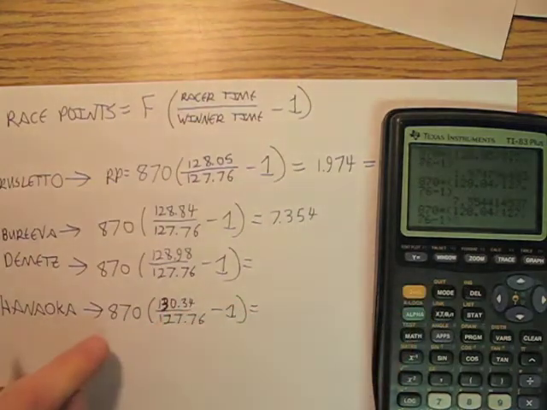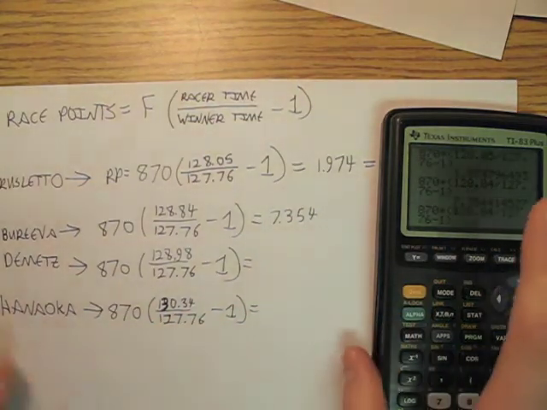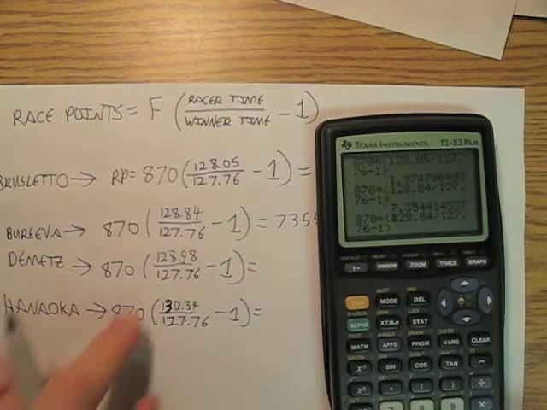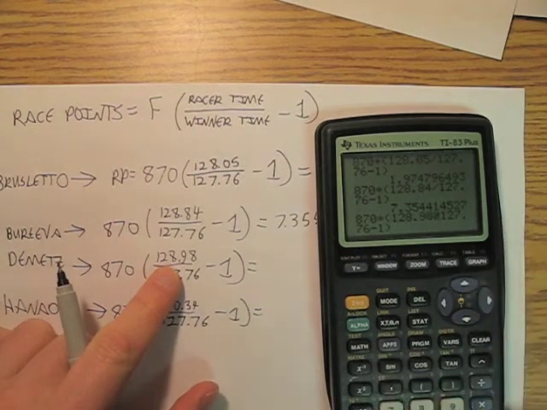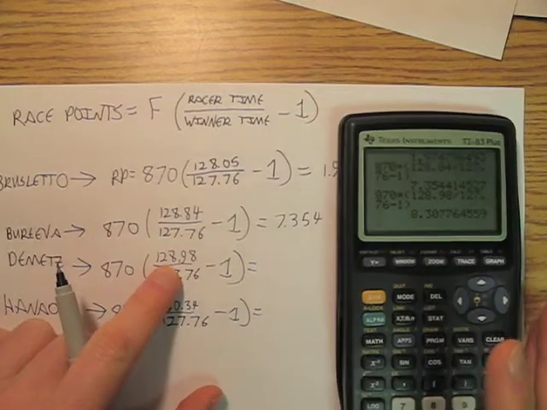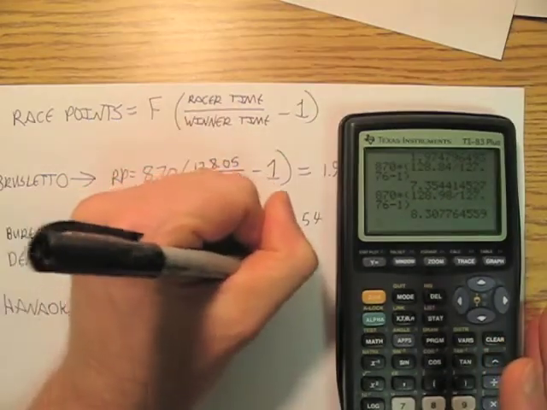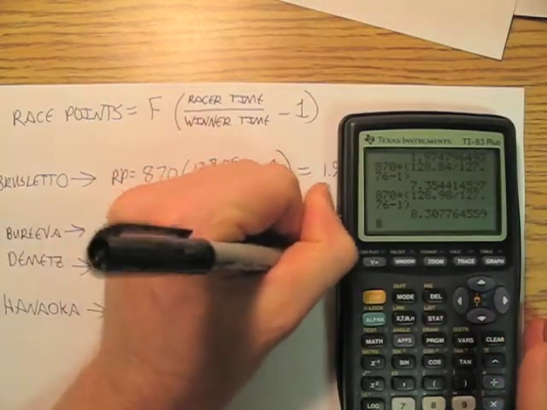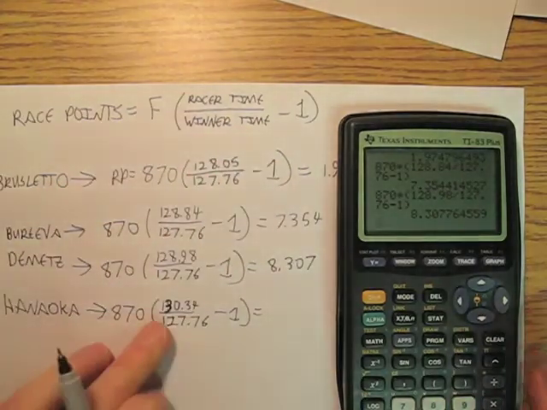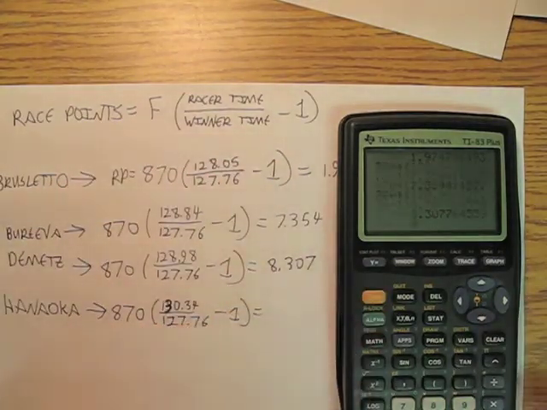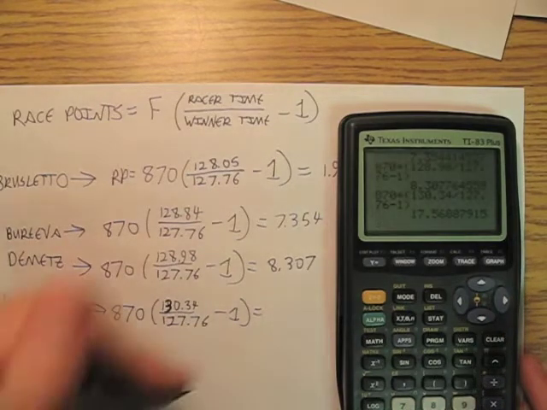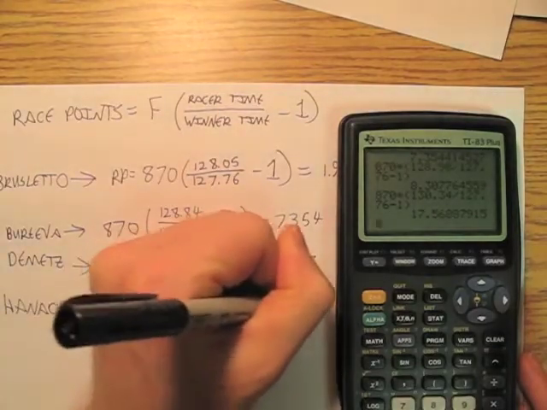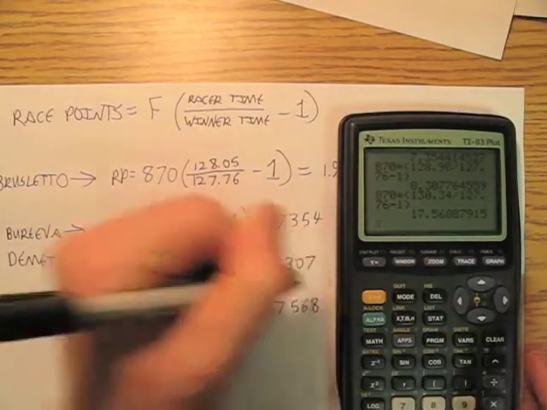Pull it up again. 128.98, 830.7, or 8307, and then pull it up again, and I have 130.34, and that's 17.568.